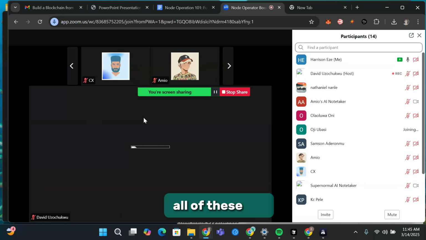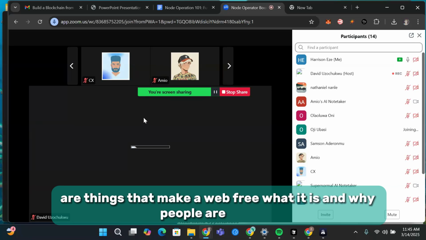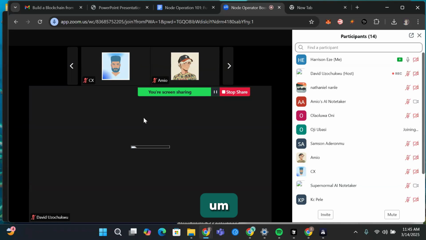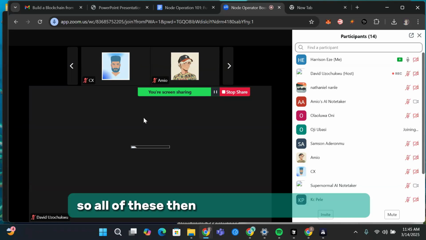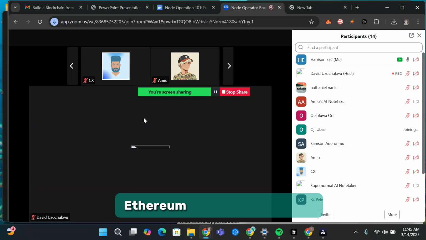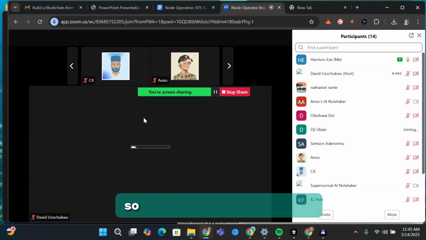All of these are things that make Web 3 what it is, and why people are clamoring for its adoption. All of this then brought about blockchain, and innovations like Bitcoin, Ethereum, Solana, and the likes. So that's basically the idea.